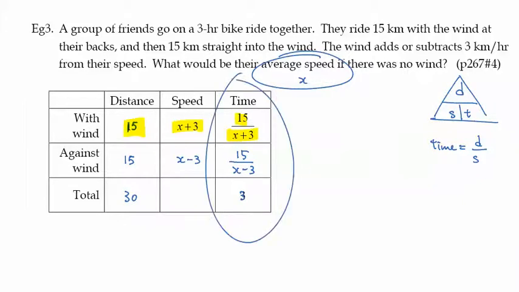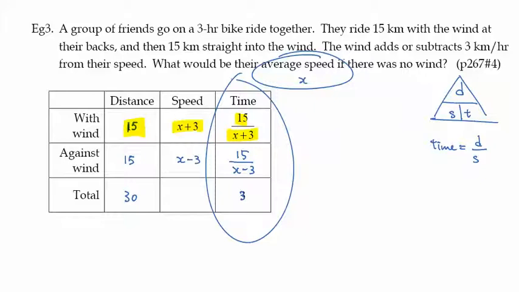This is the last column that we spend time on, and that's the column we'll be using to create our equation. I have time with the wind, time against the wind, and this is the total time.